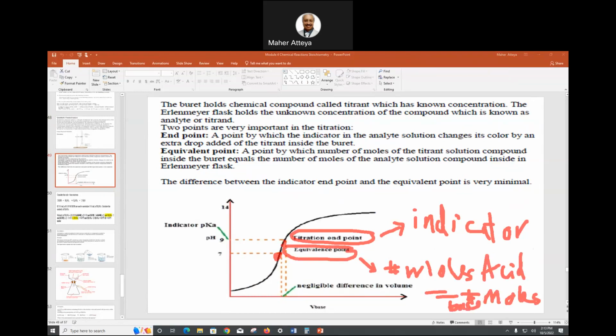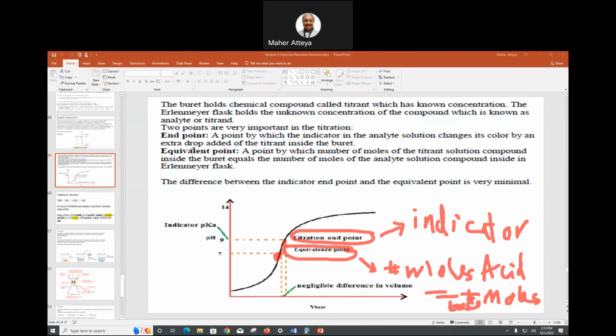The titration endpoint, you will see it when the indicator changes its color, whatever color, orange, then red, or red, yellow, whatever color, then you spot it here. But as a matter of fact, titration with the eye is not really recommended because there is an error. Although the error is very small, a negligible difference between the two volumes, still there is an error.